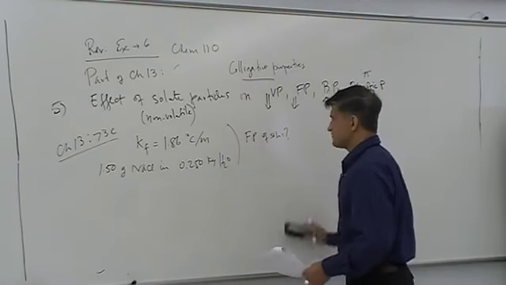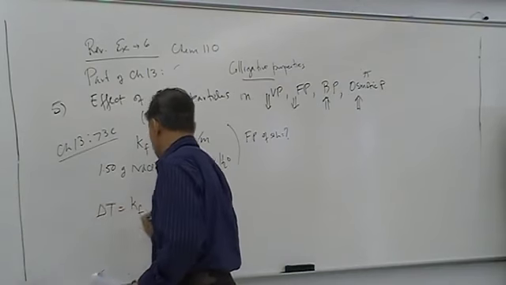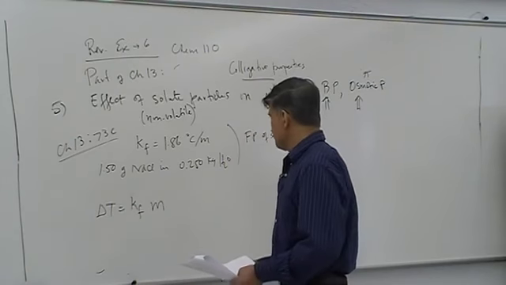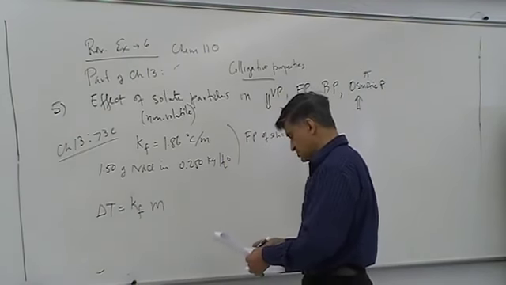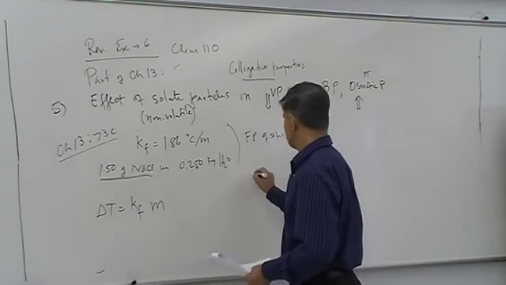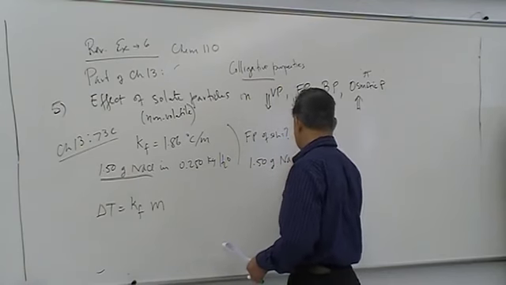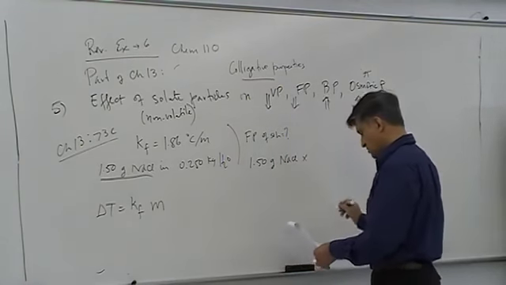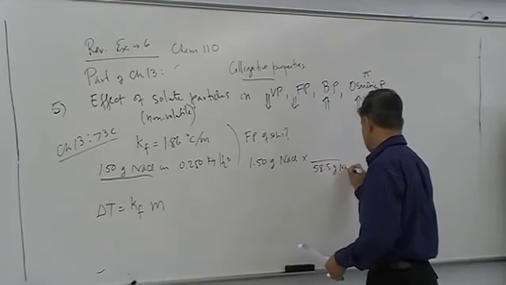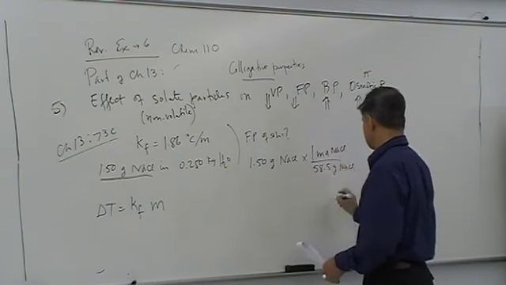So that's what you need to calculate. The calculation is straightforward. You need to apply this: delta T equals a constant, Kf, times the molality. Now, first you calculate moles of ions, moles of particles from here. So it's basically 1.50 gram NaCl times 1 mole NaCl per molecular weight 58.5 gram NaCl.